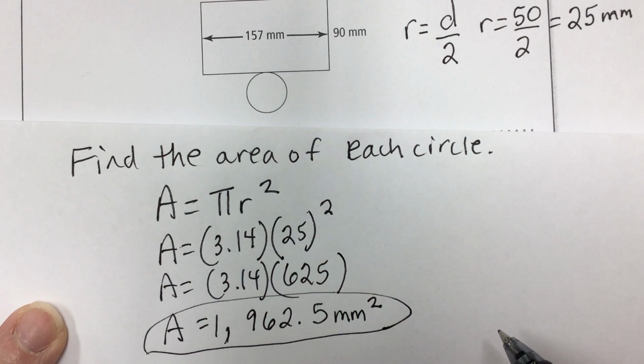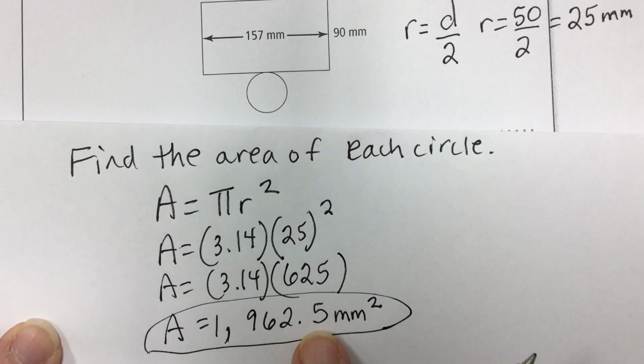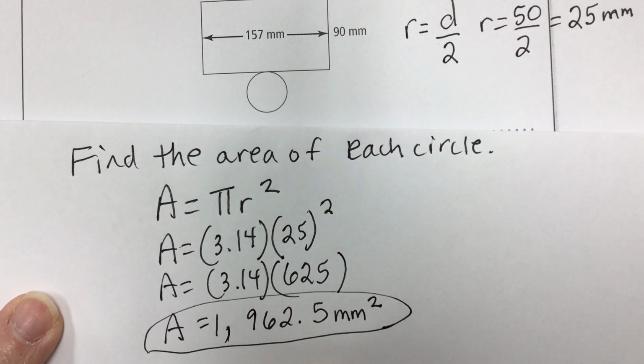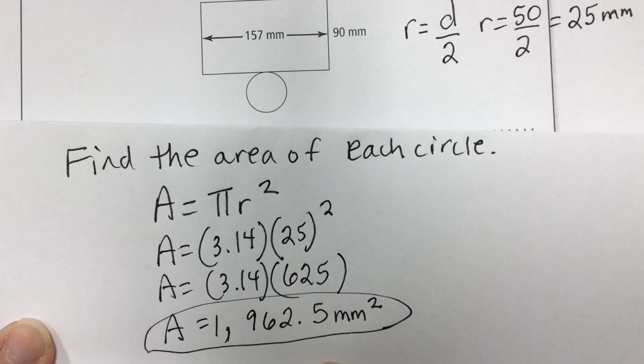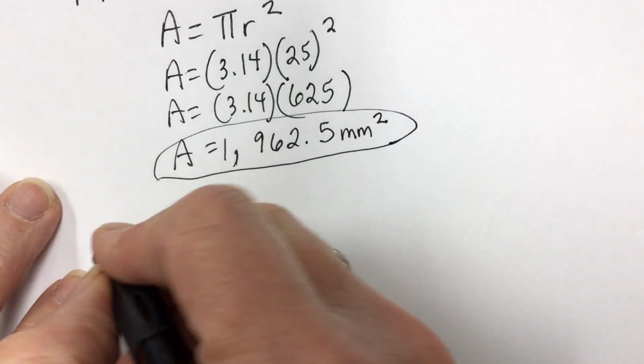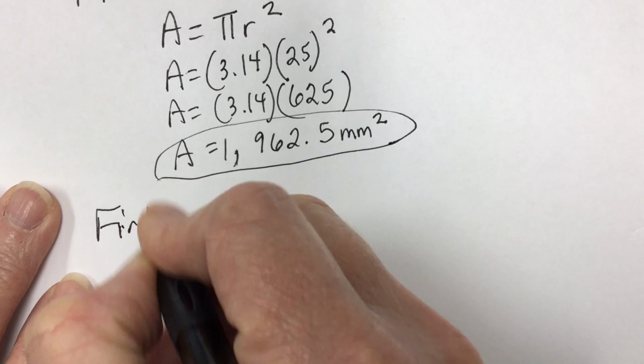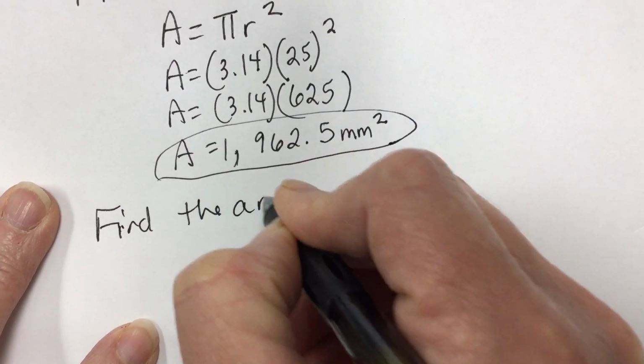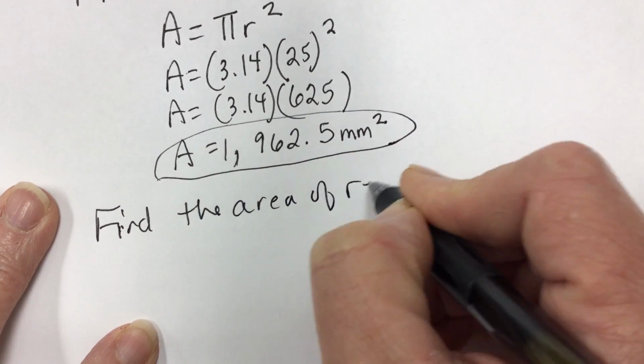So we found the area of each circle. Since the bases of the cylinder are congruent, the areas of the circles in the net are equal. Now, next let's find the area of the rectangle.